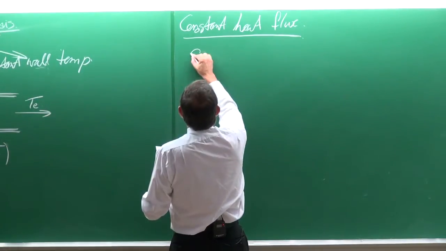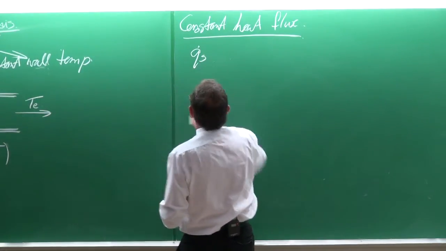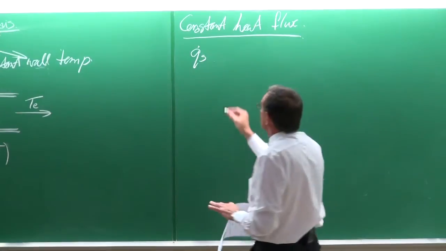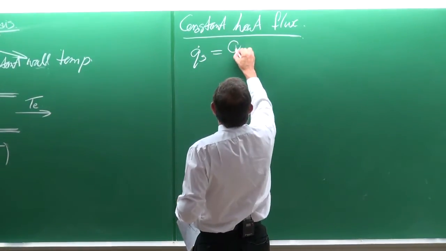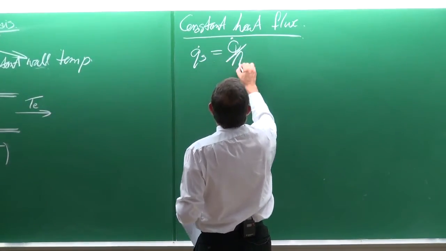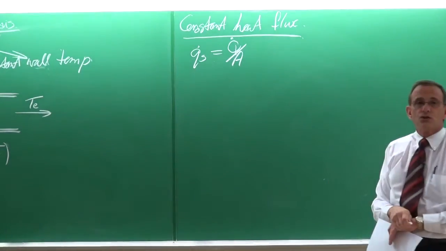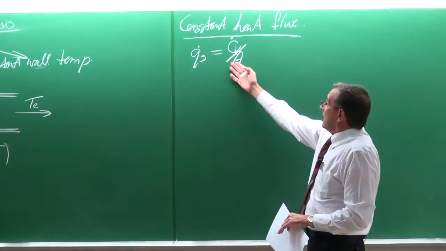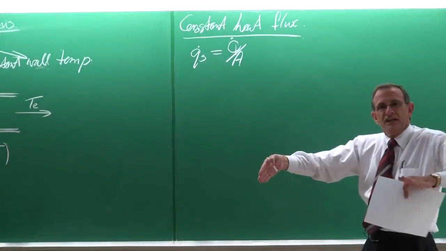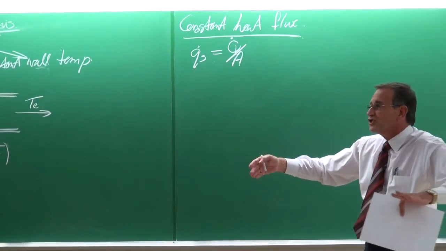Now, we normally refer to the heat flux. The heat flux would be equal to the heat transfer rate per square area. And the area is a constant of a heat exchanger. It cannot really change.